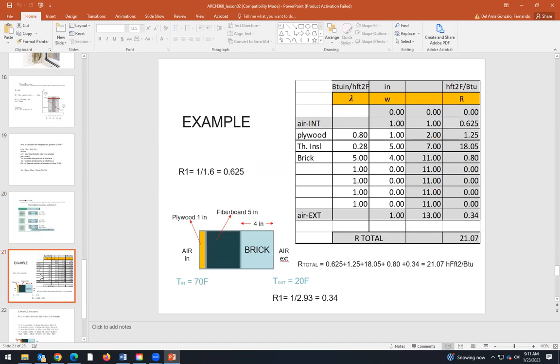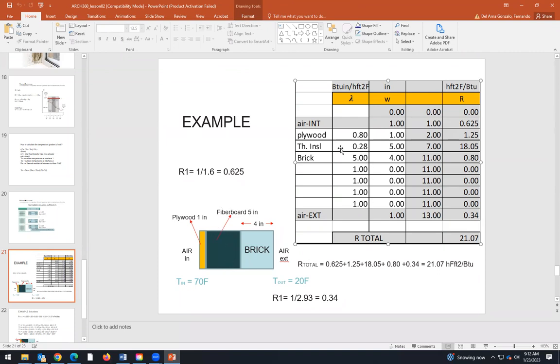So on this slide, we have the first example. Here we have three materials. We have plywood. The width is 1 inch. This yellow material, plywood. The second material is the thermal insulation.